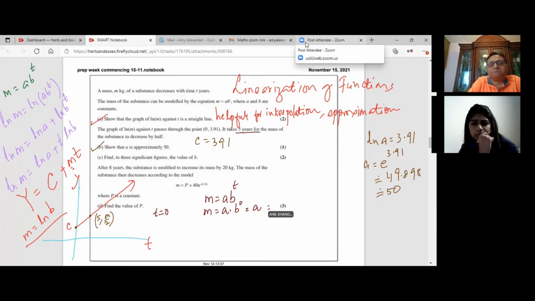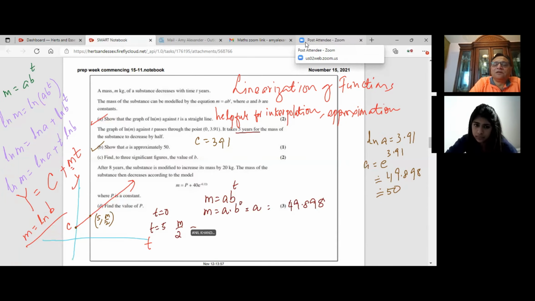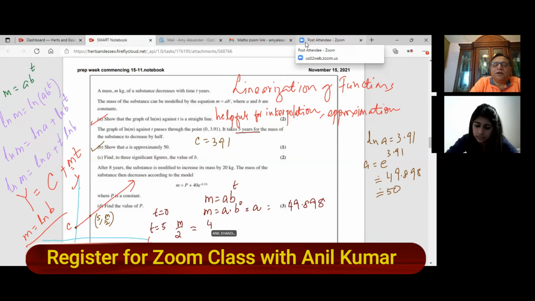Do we need to write an approximate answer? Find to 3 significant figures, so I'll write 49.898, to avoid rounding issues. Now, half-life means at T equals 5, the mass is M divided by 2, right? Which is 49.898 divided by 2, correct?